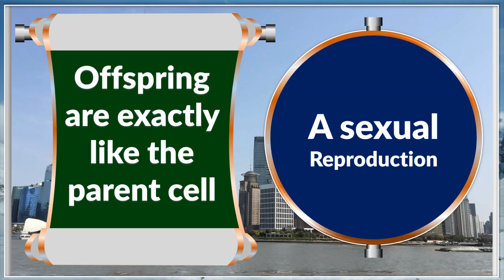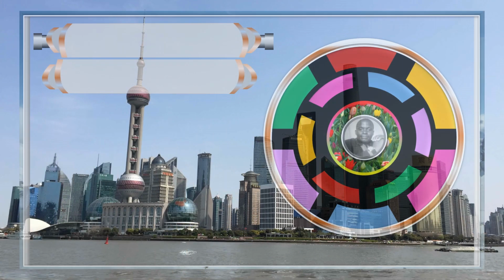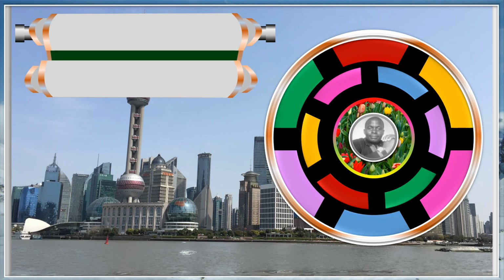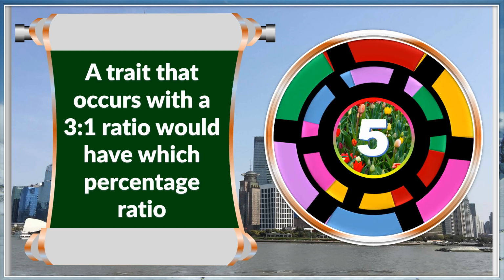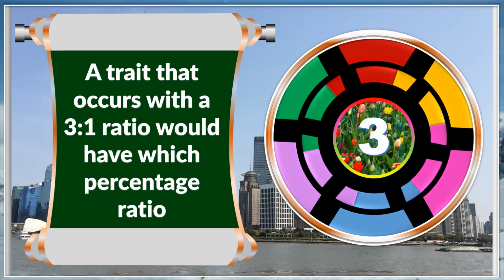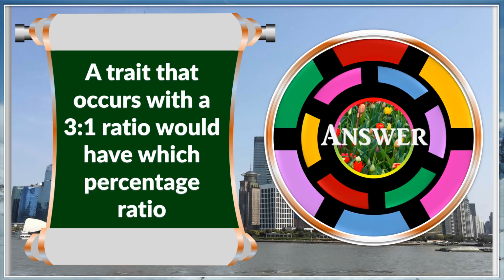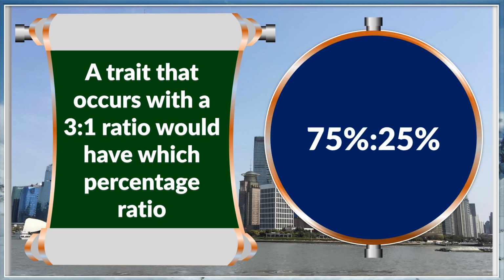Asexual reproduction. A trait that occurs with a 3:1 ratio would have which percentage ratio? 75% to 25%.